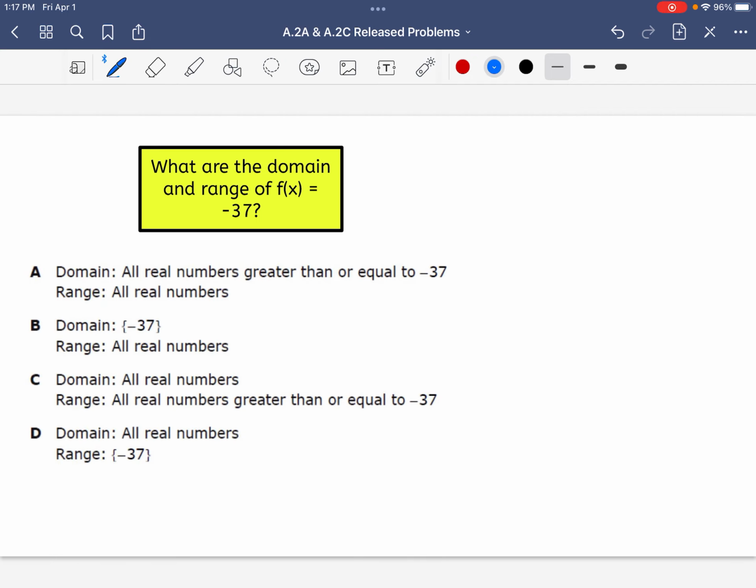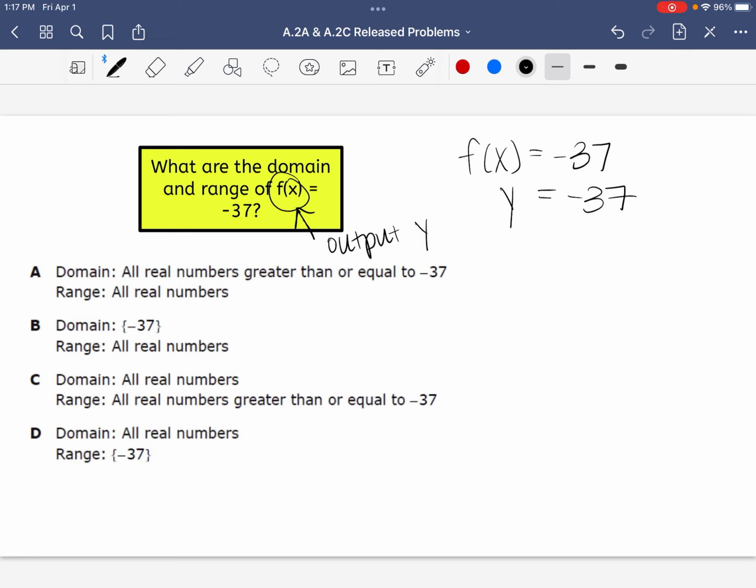All right, our third example: what are the domain and range of f of x equals -37? Guys, keep in mind in our original conversation that this f of x is the same as saying my output, or my y. So f of x equals -37 is the same as saying y equals -37.